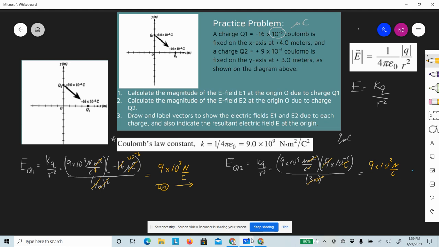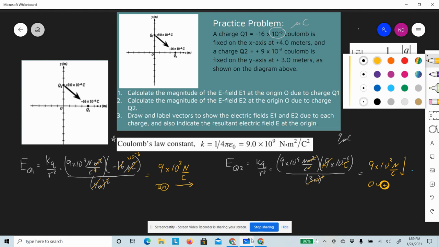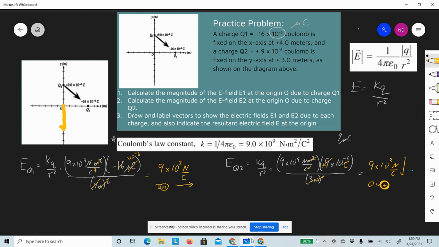This Q2 is positive, out from positive, so that'll be down. So now when we go to draw this, from Q2, we're going to have a vector down. I'm making up some lengths, but an equal vector to the right. This way, 9,000, 9,000. It's going to be something like that.